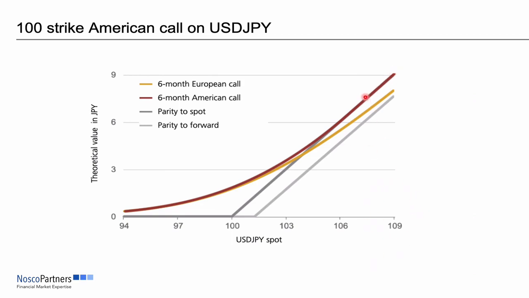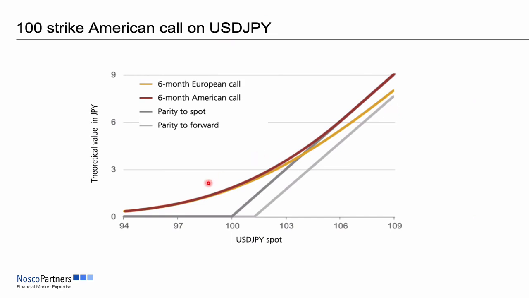On the other hand, the European call is worth less than parity to spot because it converges to the parity value line, so the present value of the parity to the forward. And the parity to forward is smaller because the forward is smaller because the US dollar interest rates are higher, right? So you see it quite clearly here.